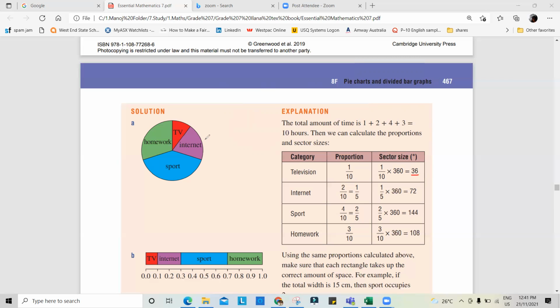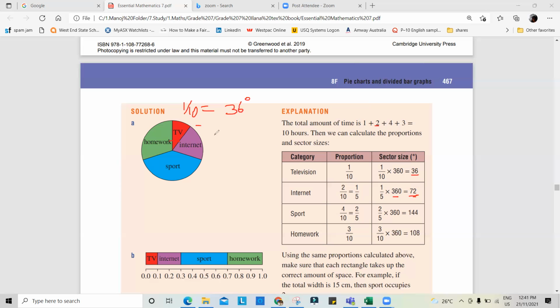Now, each sector portion is 36 degrees. Then TV is 1 over 10, actually equal to 36 degrees. And internet, there are 2 portions. 2 over 10 simplified is 1 over 5. 1 over 5 multiplied by 360 is 72 degrees.